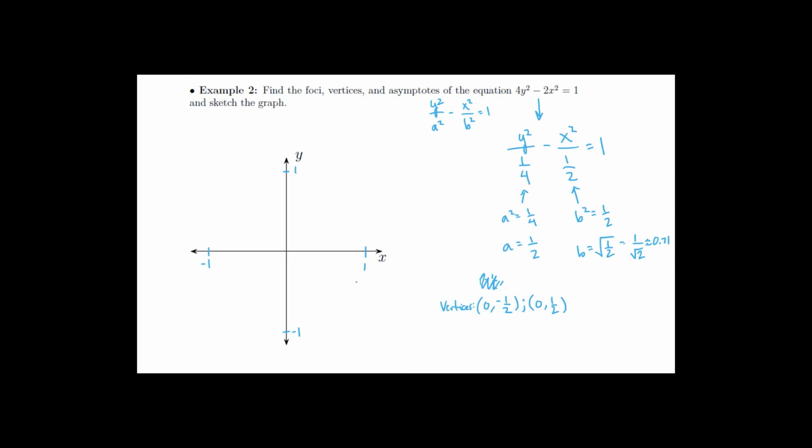So the vertices are on the y-axis. So here's +1/2, and here's -1/2. And then for b, 0.71 might put me right about there and there. So we can go ahead and make our box.